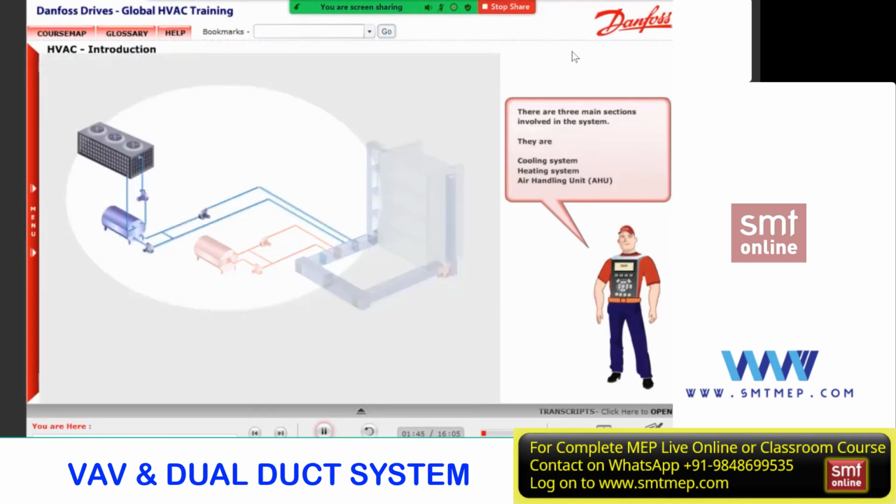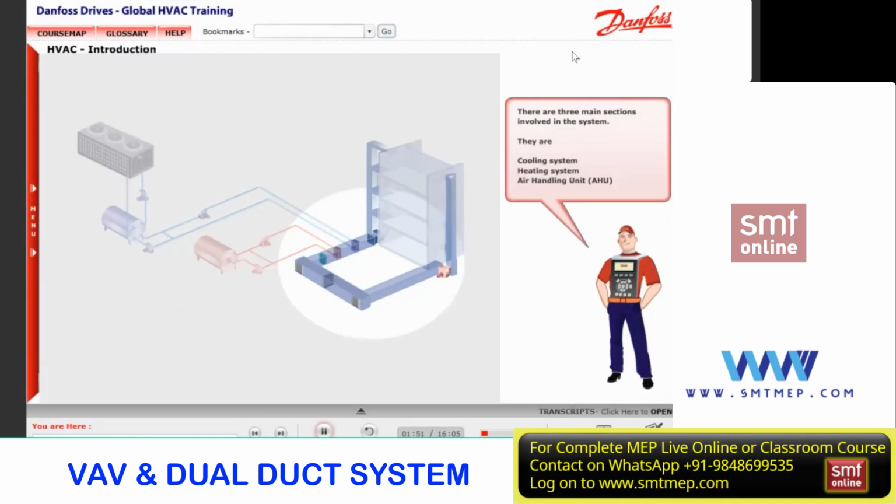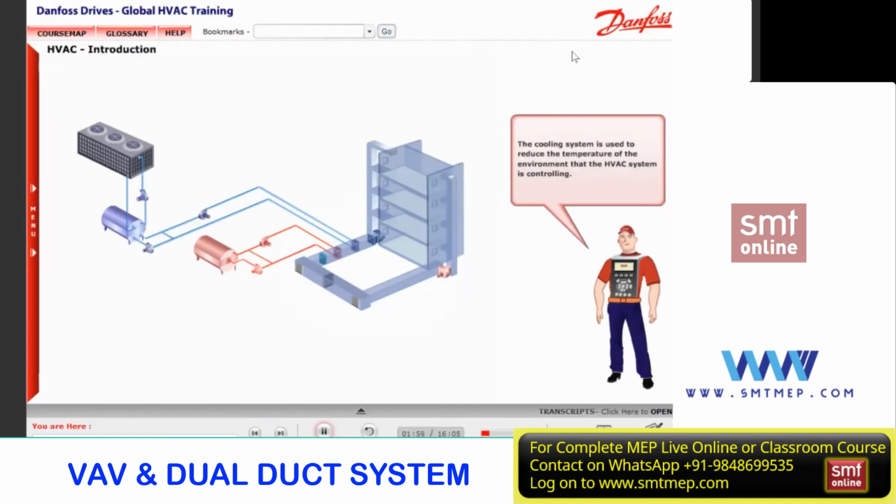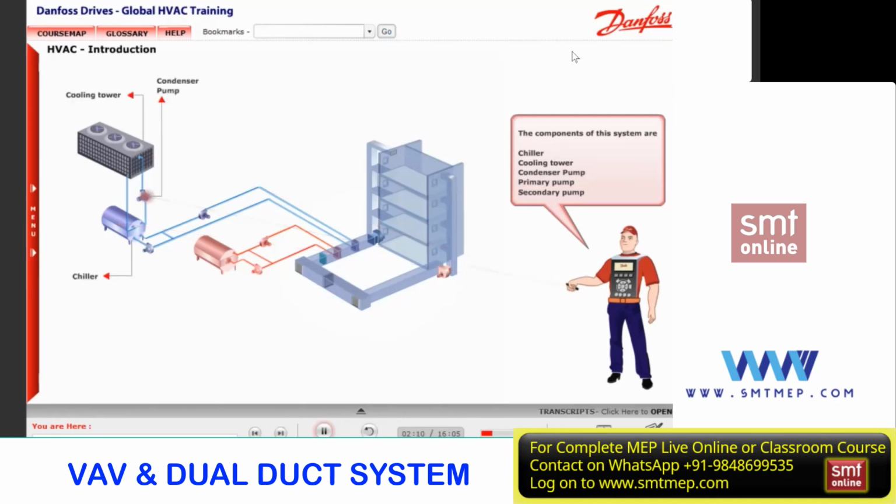They are the cooling system, the heating system, and the air handling unit, AHU. The cooling system is used to reduce the temperature of the environment that the HVAC system is controlling. The components of the system are chiller, cooling tower, condenser pump, primary pump, secondary pump.